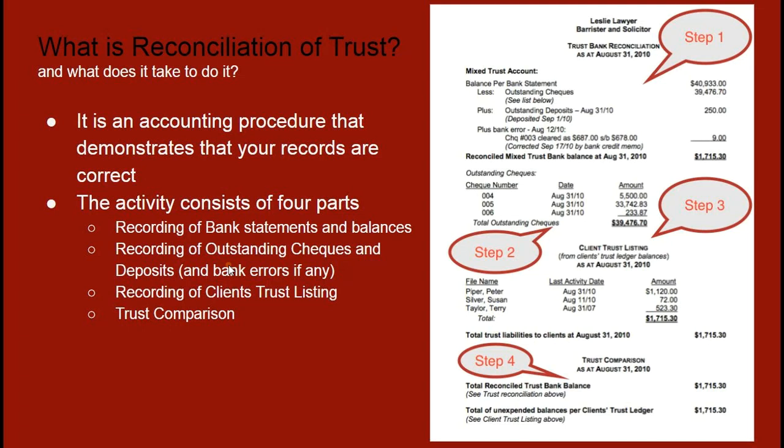Okay? Now the other way can happen too. Maybe you wrote your client a check for a refund. Okay? And you wrote the check and you've given it to them. And you right away record that as a transaction in your bookkeeping system.